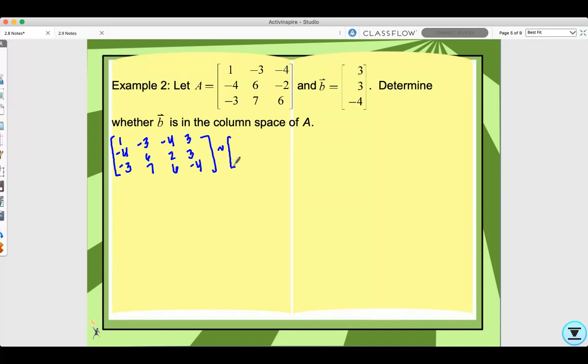So the first thing I'm going to do is take 4 times row 1, add it to row 2, and negative 3 times row 1 and add it to row 3 to get zeros in my column 1. So row 1 is going to stay the same. Row 2 would become 0, negative 6, negative 18, 15. Row 3 would become 0, negative 2, negative 6, 5.